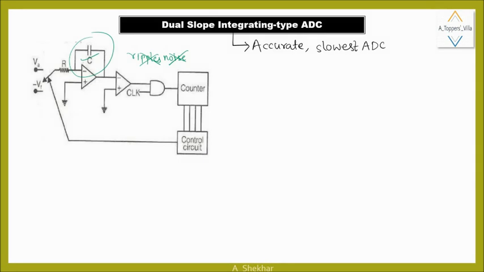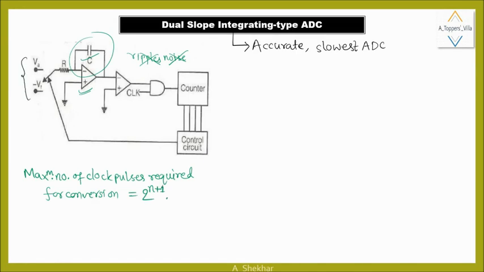Therefore, this type of ADC has more accuracy due to this integration process. So here the maximum number of clock pulses required for conversion is equal to 2 raised to power n plus 1.